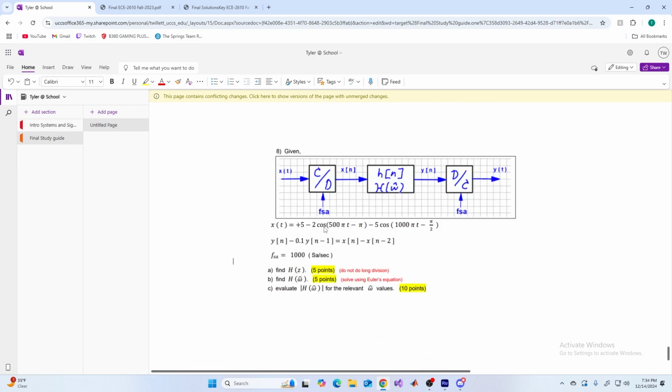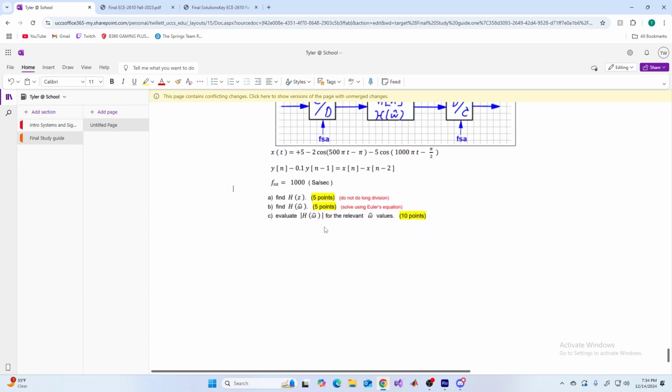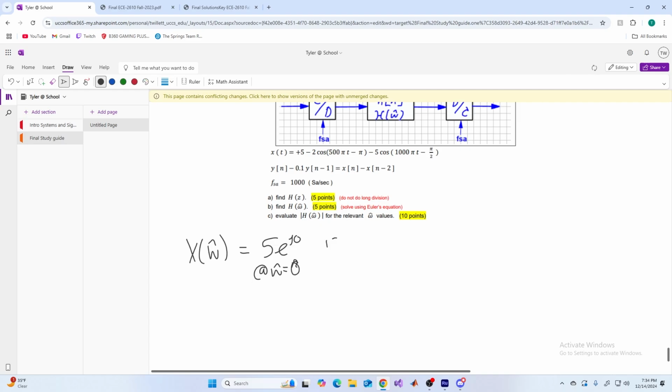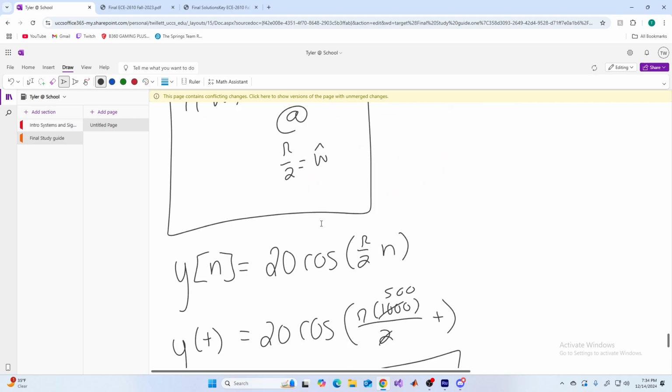So x sub w hat equals 5e^(j0) at w hat equals 0, plus 2e^(j0) at w hat equals pi over 2, plus, I believe it was 5. I want to double check.